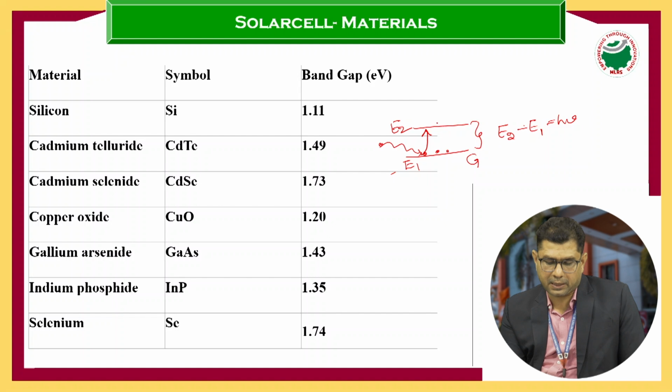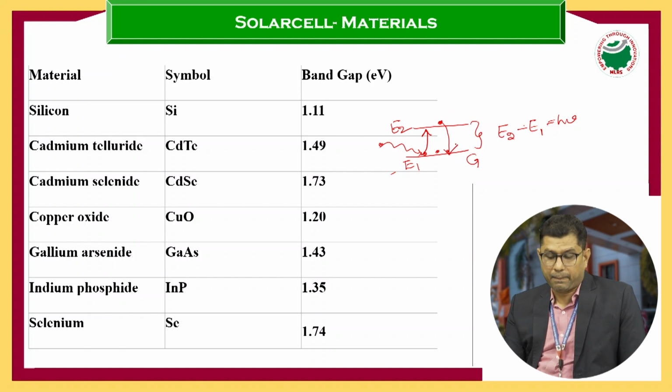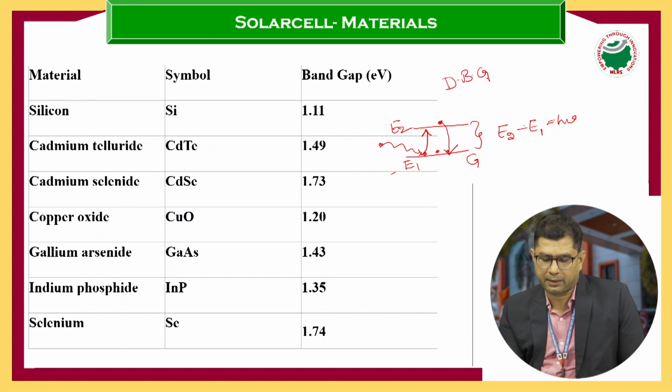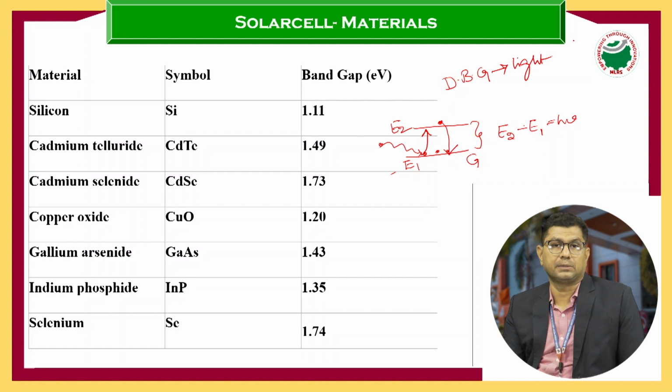After a certain interval of time, this electron will fall from the higher energy level to the lower energy level by liberating energy. If you consider direct band gap semiconductors, this de-excitation releases energy in the form of light or optical energy.